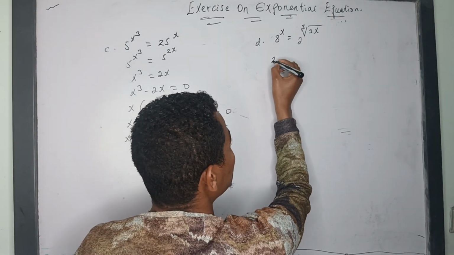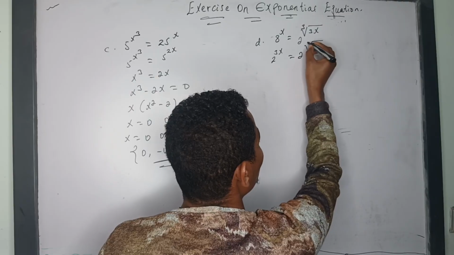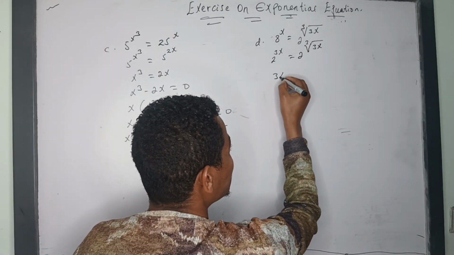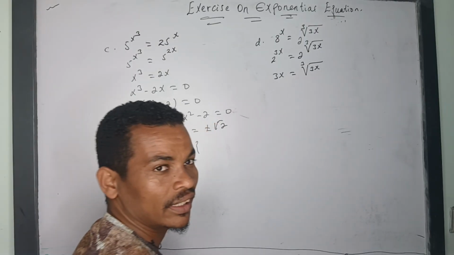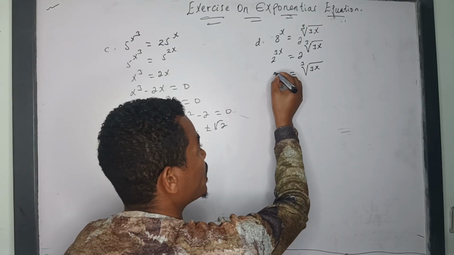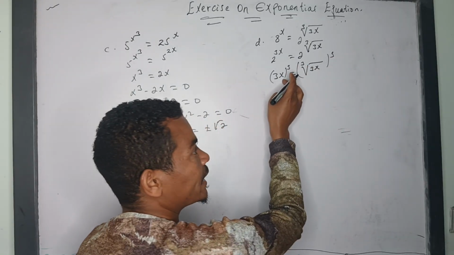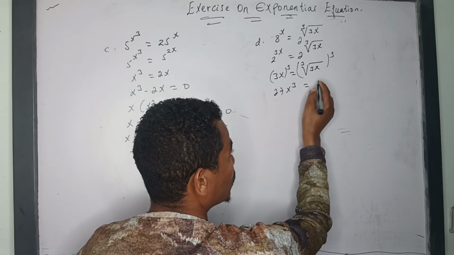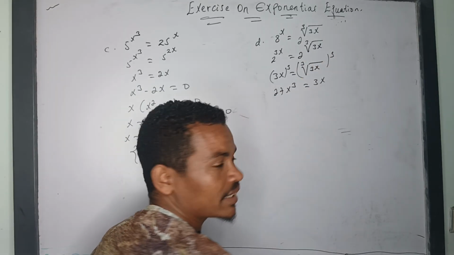It is the same as 2 to the power of 3x is equal to 2 to the power of cube root of 3x. Therefore the bases 2 and 2 are equal, so 3x is equal to cube root of 3x. If we cube both sides, 3x cube is 27, x cube is equal to, the cube and cube root cancel each other, we can get 3x.